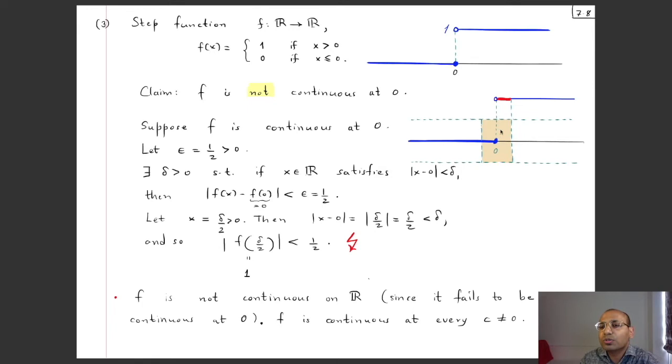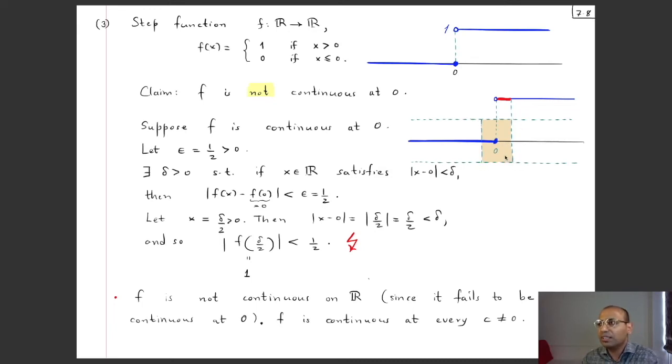So I choose, for example, this height is 1, I choose something smaller than 1, say half. So if my epsilon is half, then I lift the value up through a distance of half and below through a distance of half. And the question is, can I choose a delta so that whenever I'm close to 0 within a distance of delta, I'm guaranteed that the graph lies in this strip that is below this line and above this line?